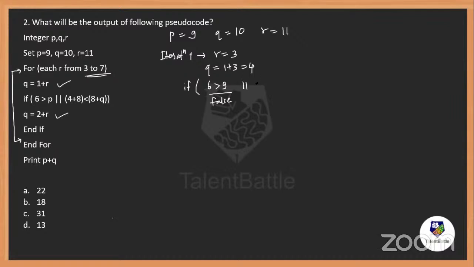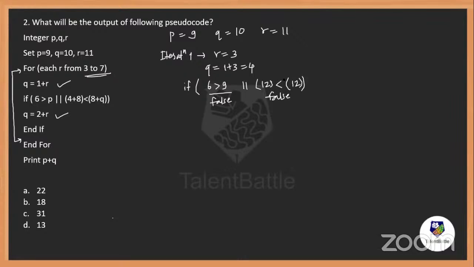Then next part of the expression is 4 plus 8, that is 12, which is less than 8 plus Q. And 8 plus Q means the Q value is updated now inside the for loop. So that will be again 12. So 12 less than 12, again false.